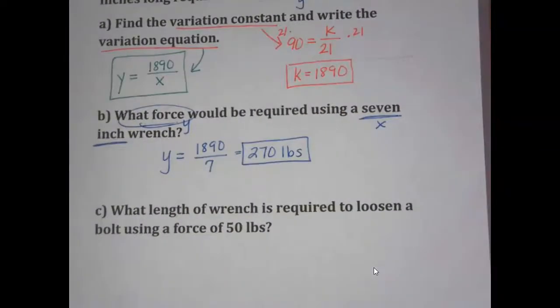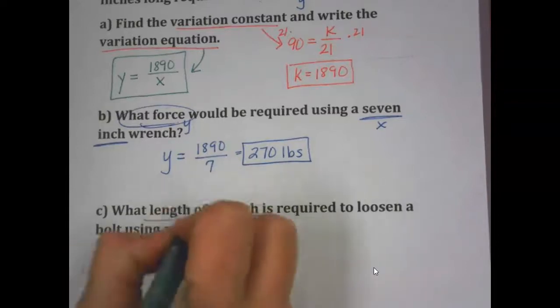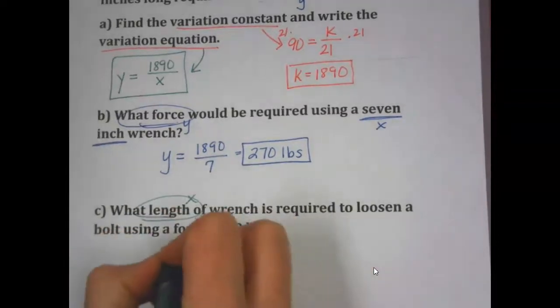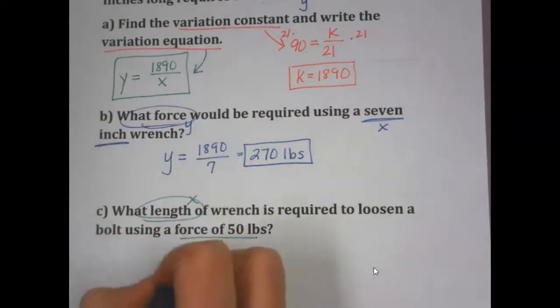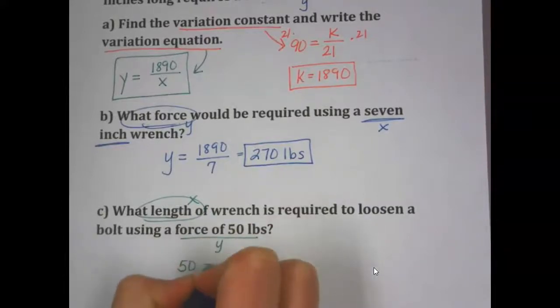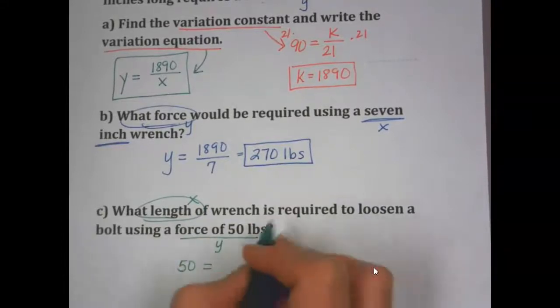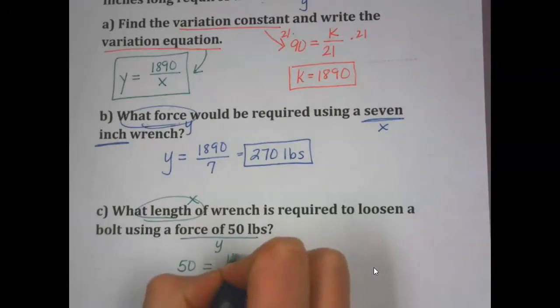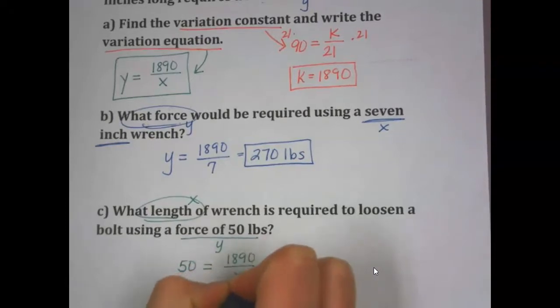All right, and then part C, what length of wrench is required to loosen. So we're looking for length, which is x. We have force, which is y. So we substitute 50 in for y. We have 1,890, but we don't know what x is.